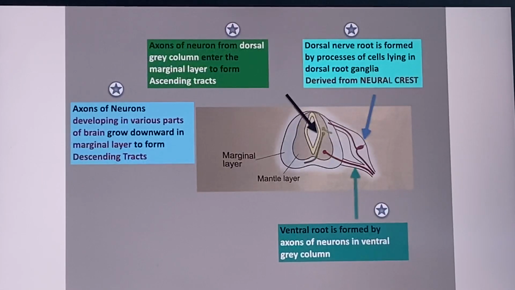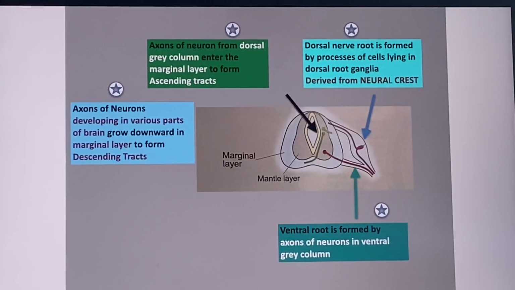Now in this diagram you can see the structure of the spinal cord. The gray matter is lying in the center, surrounded by the white matter, and the gray matter is H-shaped. Then the spinal cord has a dorsal root and a ventral root. So first, the axons of the neurons from the dorsal gray column enter the marginal layer to form the ascending tracts.